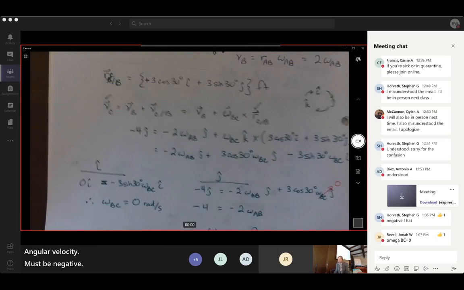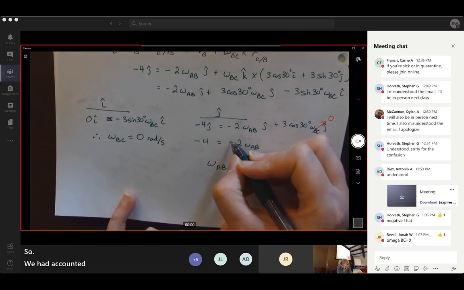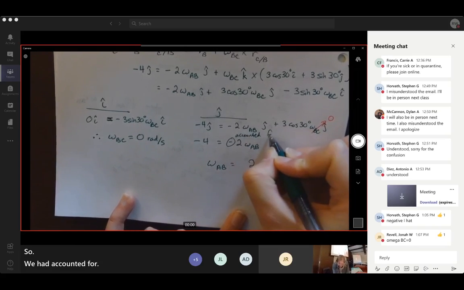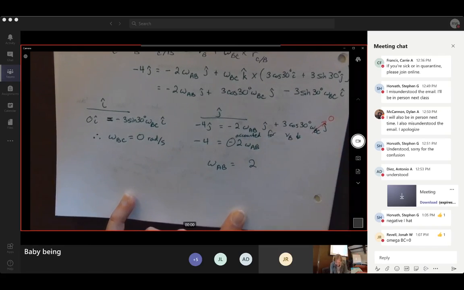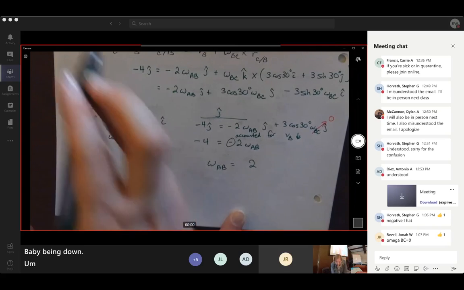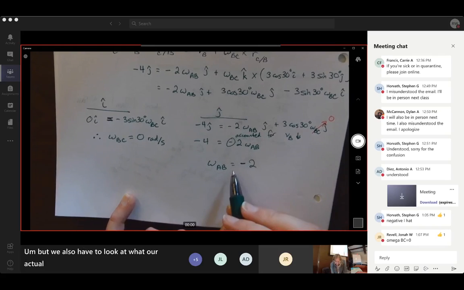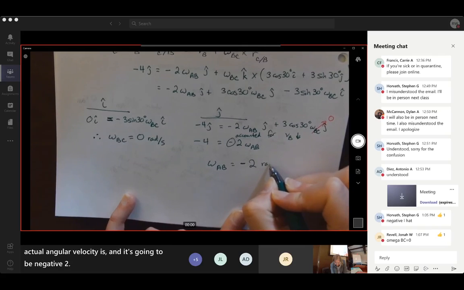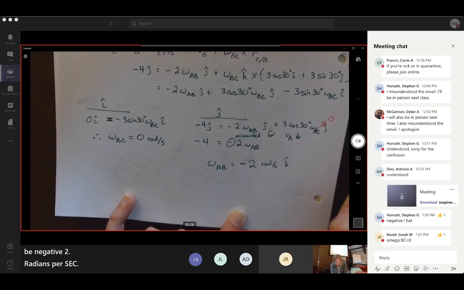So we had accounted for VB being down, but we also have to look at what our actual angular velocity is, and it's going to be -2 radians per second, k hat.